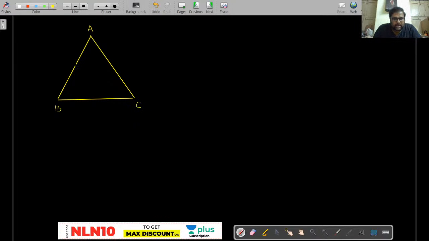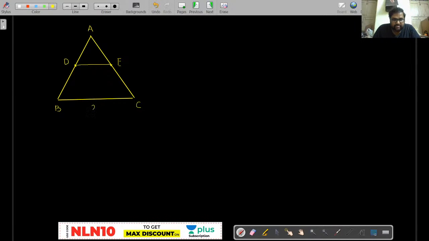I am taking the midpoint of AB as D, and the midpoint of AC as E. Now see here, I am joining these midpoints D and E. Now observe here, this length of DE will be exactly half of its opposite base, right?